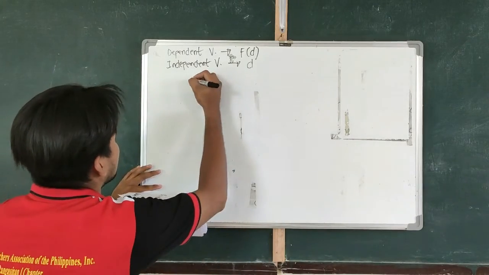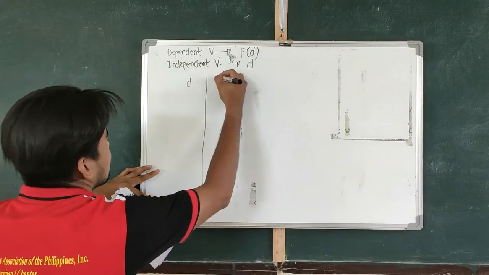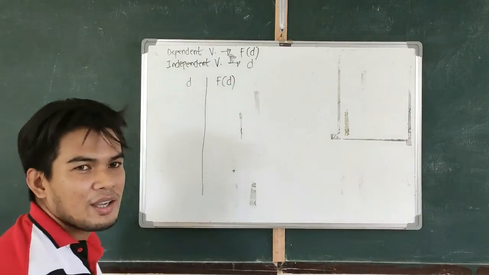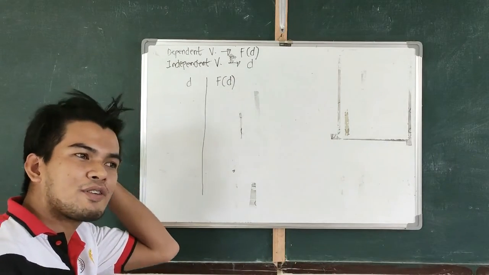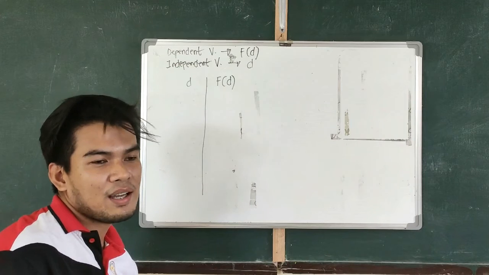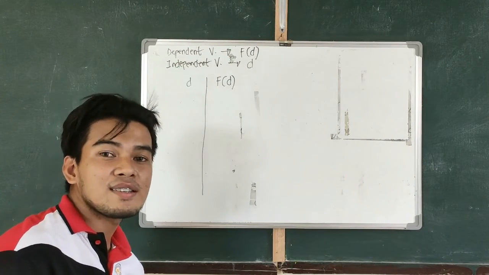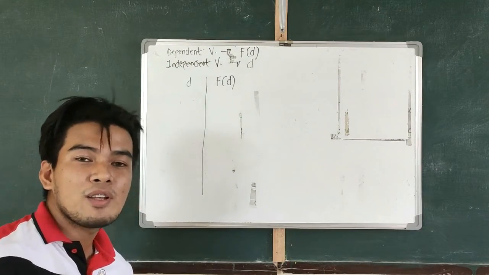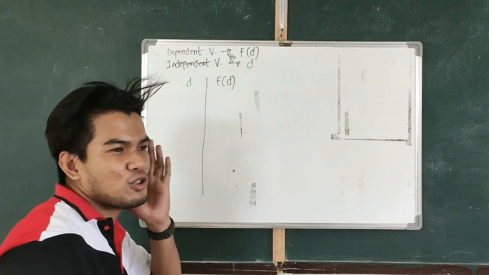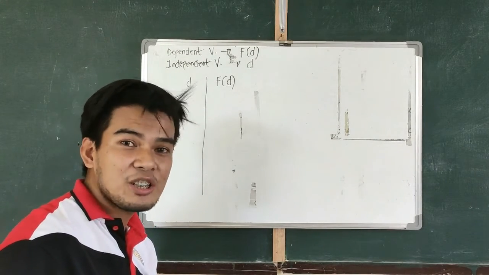Okay, so let's now create a table. This will be the distance traveled, and then this one is the fare. Okay, so sabi dyan, 7 pesos daw sa first 1,400 meters. At kapag lumagpas na ng 1,400, yung distance na na-travel, may additional na 2 pesos and 50 centavos. Okay? Take note, kapag lumagpas daw siya ng additional integer meter.